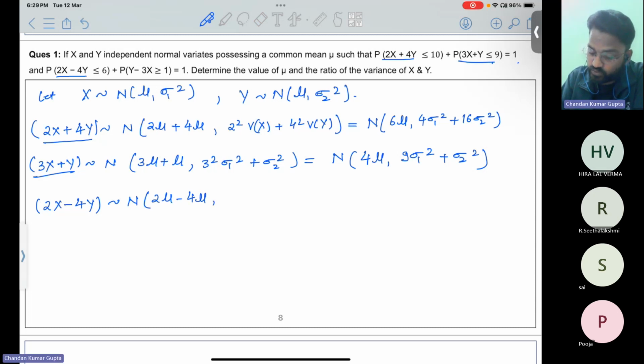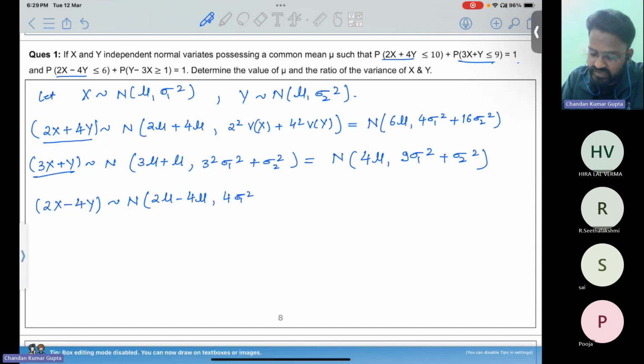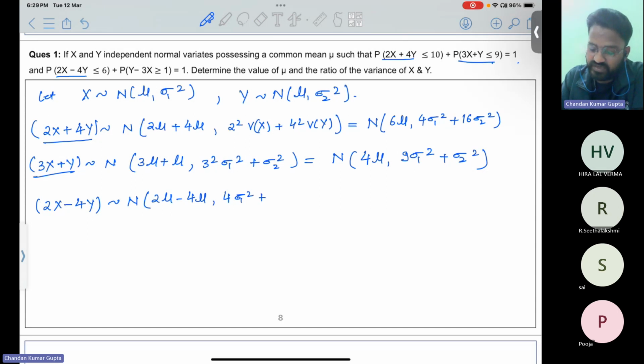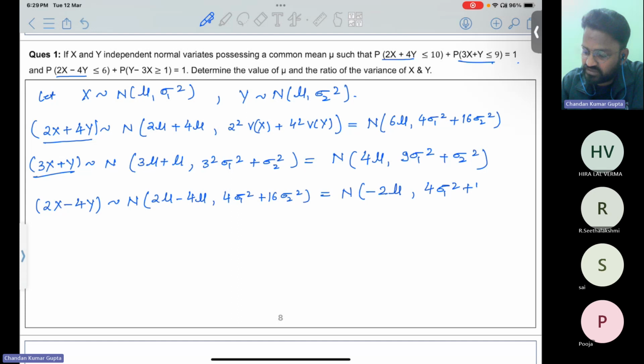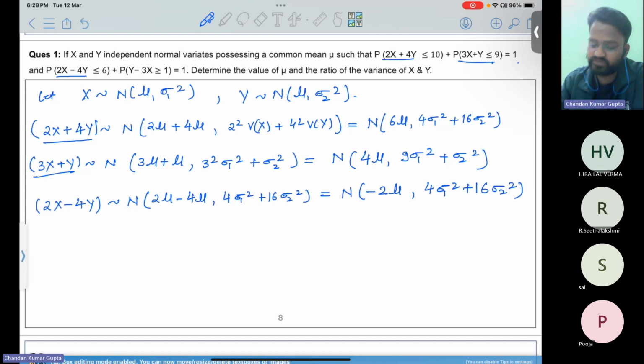And the variance is 2 square times the variance of x, which is 4 sigma 1 square, and in the case of variance, it is always positive, plus 4 square times the variance of y, that is 16 sigma 2 square. It follows a normal distribution with mean minus 2 mu and variance 4 sigma 1 square plus 16 sigma 2 square.